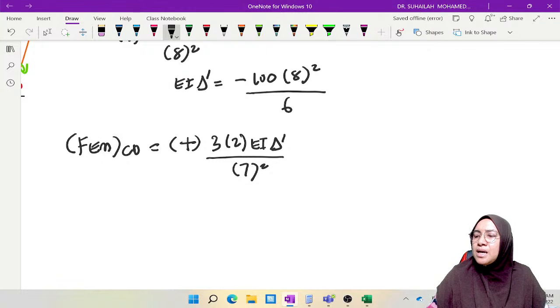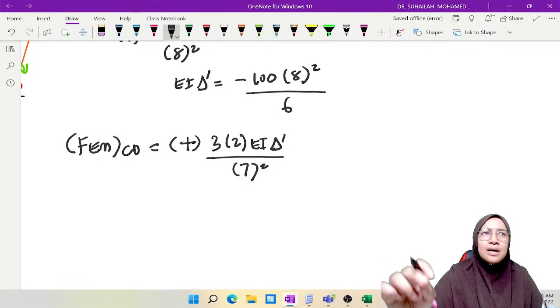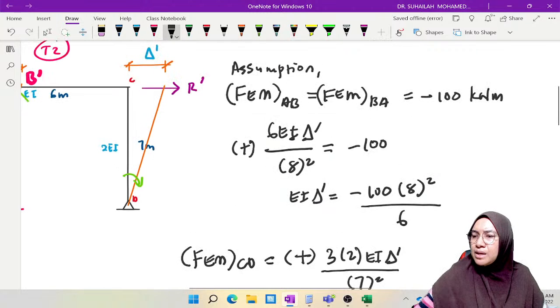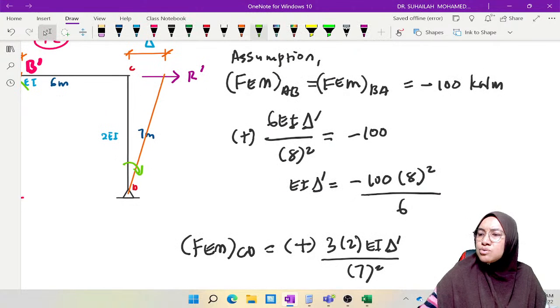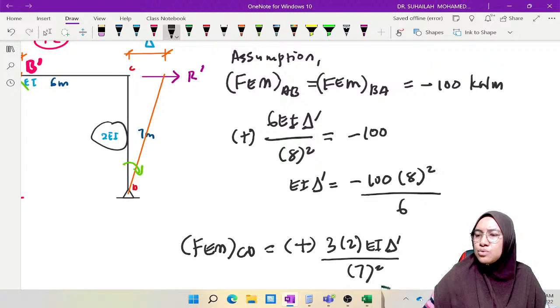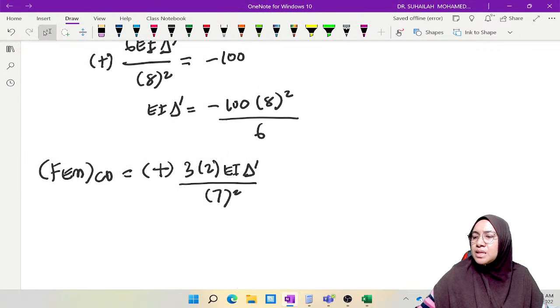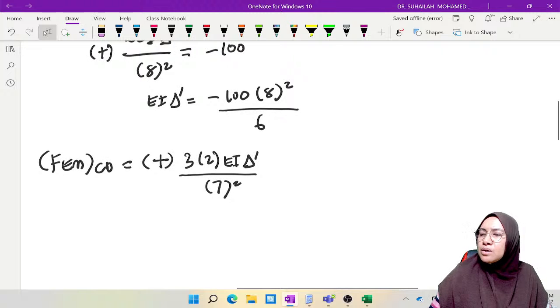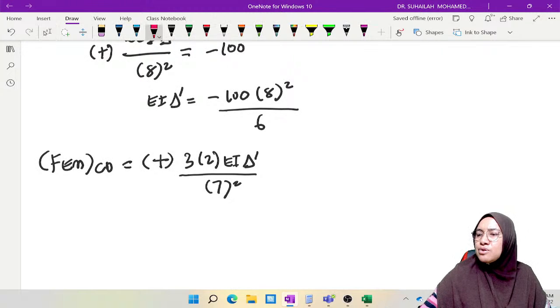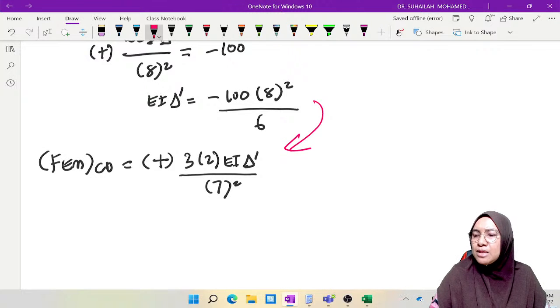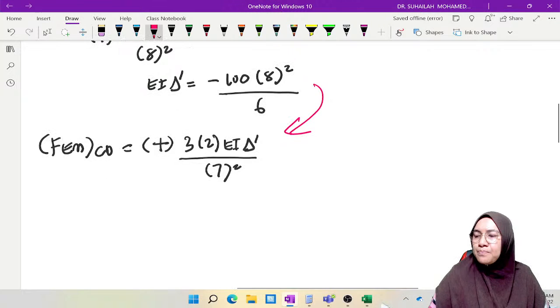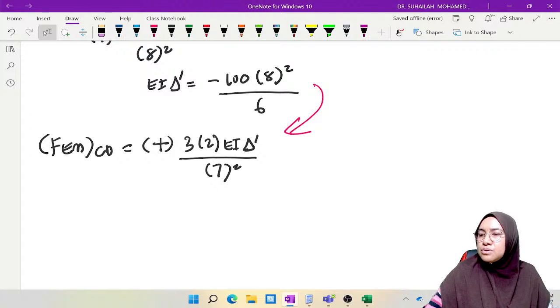It is 3EI, but for the diagram, we find that it is 2EI, so it is 3 times 2 EI delta prime divided by L squared. So we continue to substitute EI delta prime into the FEM CD.